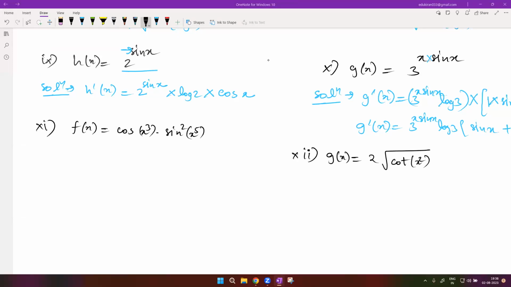Try to solve these two questions and then we will move on to the three questions that I have written before.